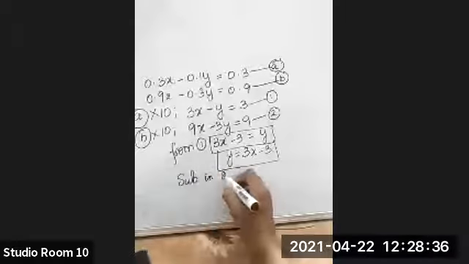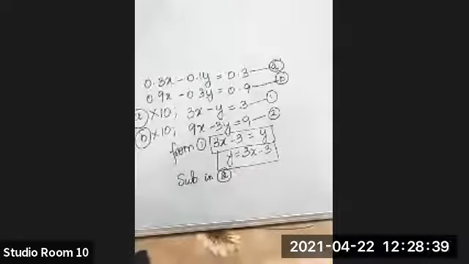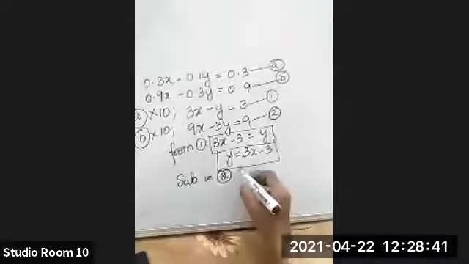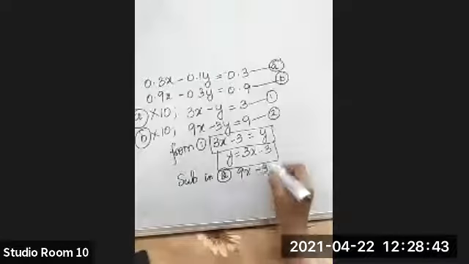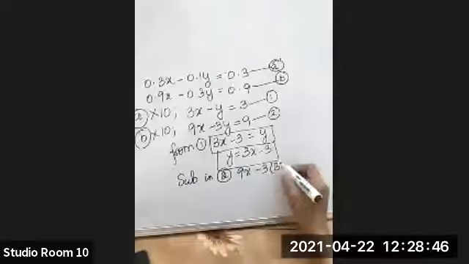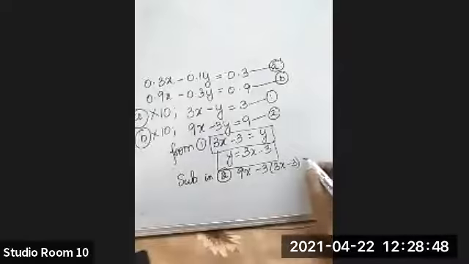Now substitute this in the second equation. Substitute it for y. So 9x minus 3 into (3x minus 3) is 9.